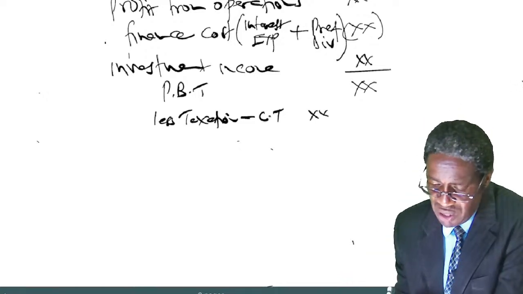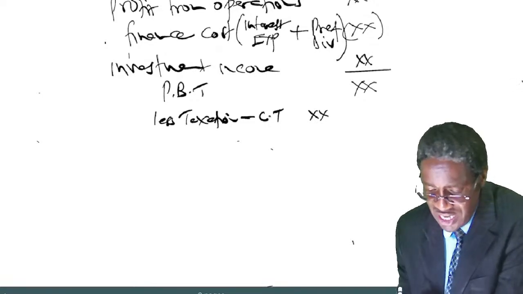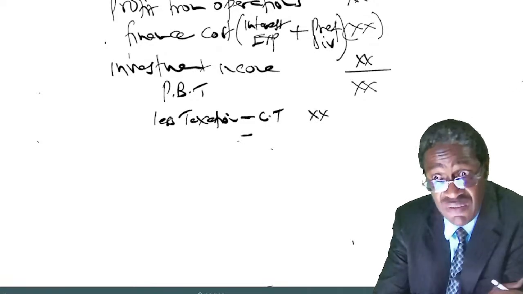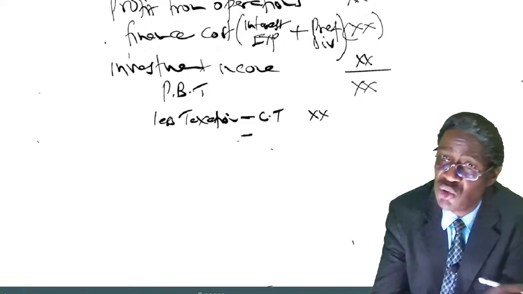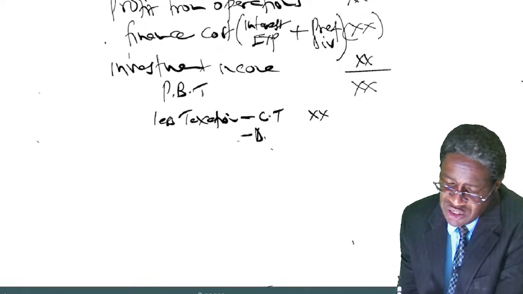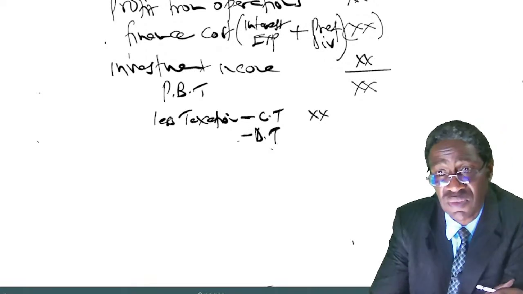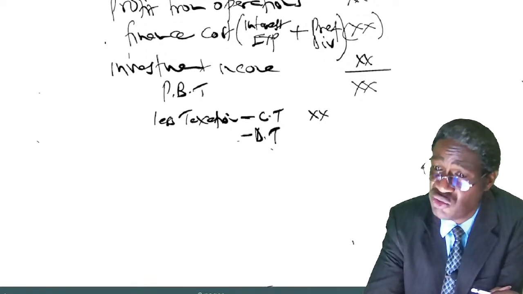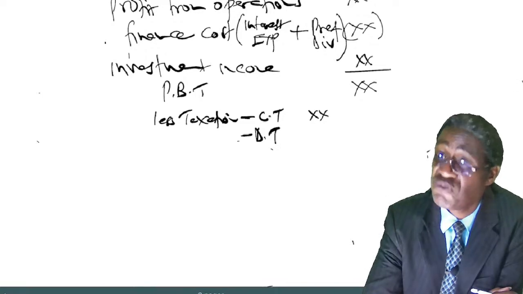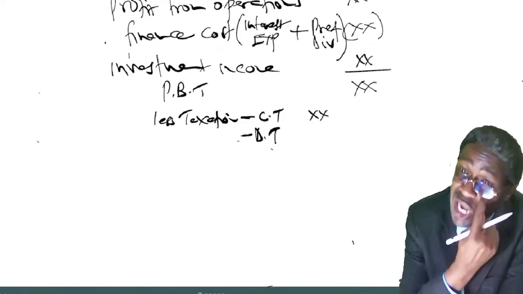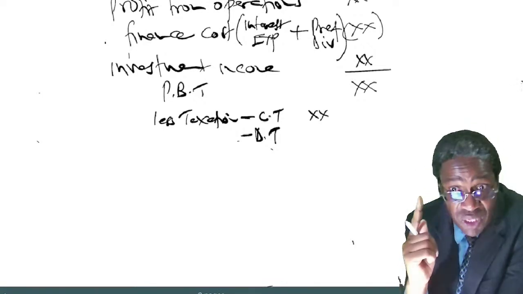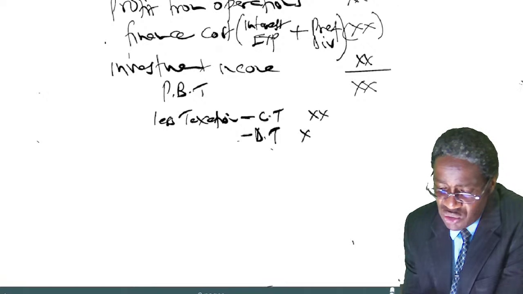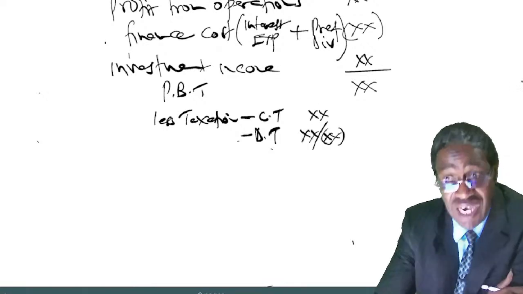I am putting the amount on the inner column. Then you may have, in that question, another form of tax, which we normally refer to as deferred tax. I know you know, because we are revising, when it comes to deferred tax, that charge for the year that you have calculated, you either add it to the current tax or you may be required to subtract it from the current tax.